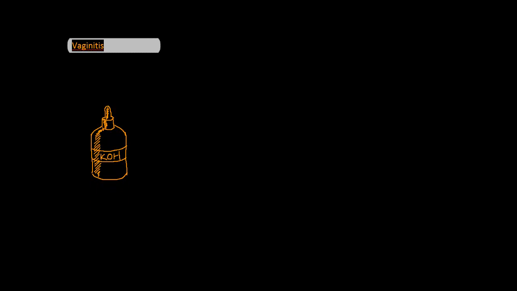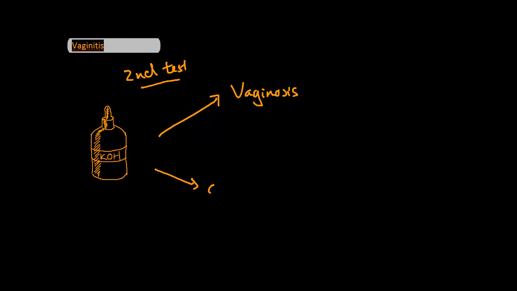So the second test, the KOH prep, will help you determine the difference between vaginosis and Trichomonas or Candida. Vaginosis is the one you probably remember as having the fishy smell after KOH.